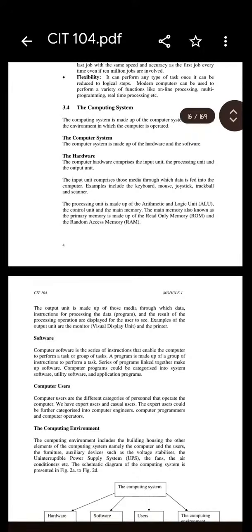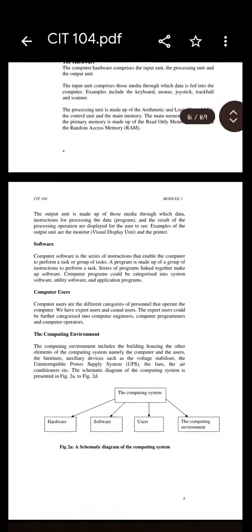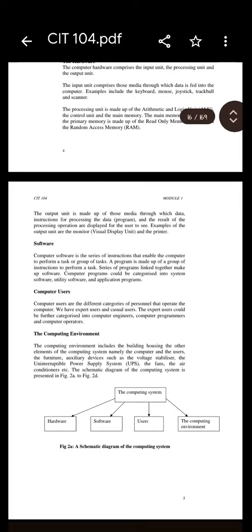Every single computer has its own ROM that stores data permanently. It is inbuilt in the computer. Even our phones have ROM. So the place where you can store your data permanently is the ROM. I hope you understand. So now let's go to software.